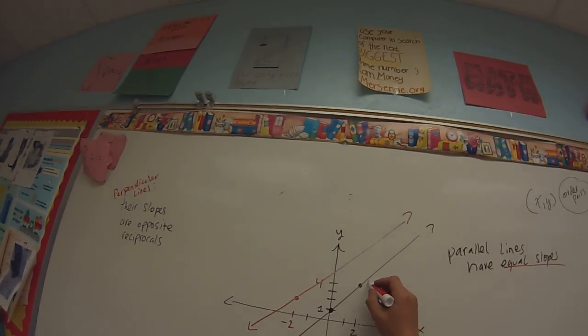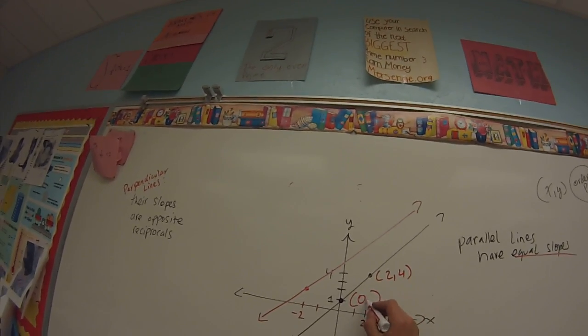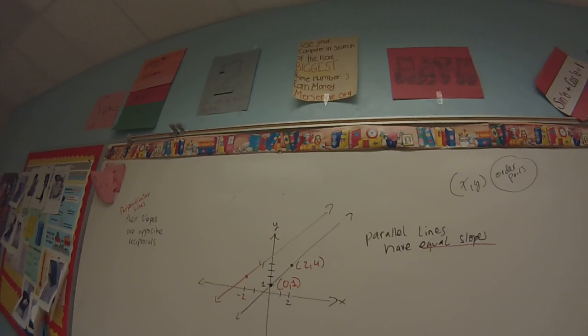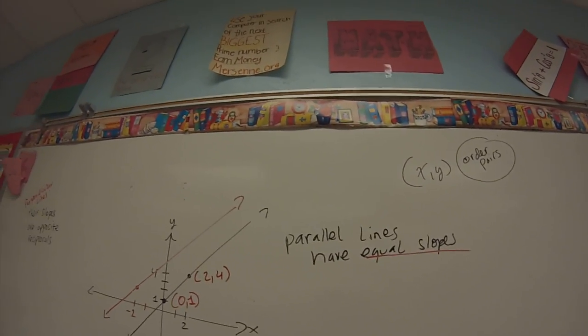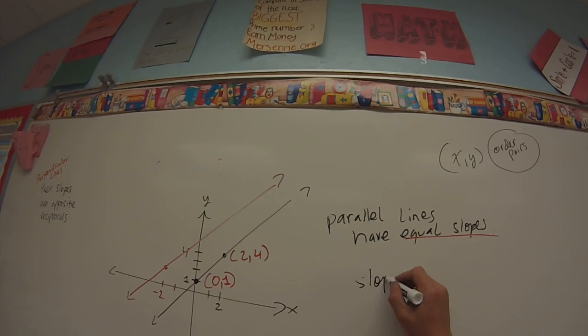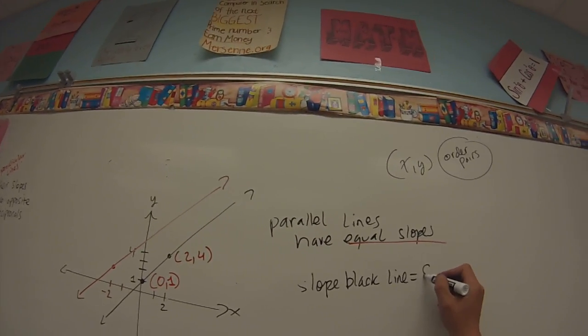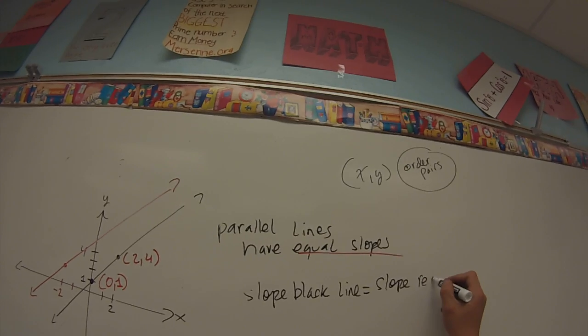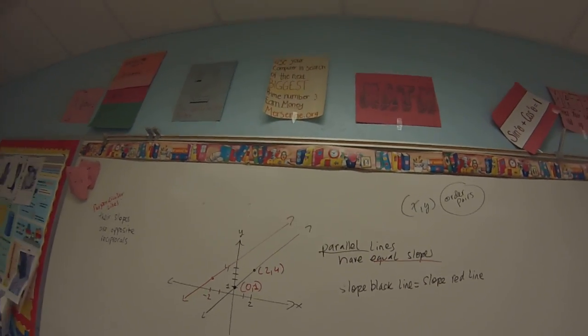So again, this ordered pair is 2, 4, and that one is 0, 1. I'm going to use both of them to find the slope of the black line, which in this case is the slope of the red line. Because the lines are parallel. Okay, if the lines are parallel, they have equal slopes.